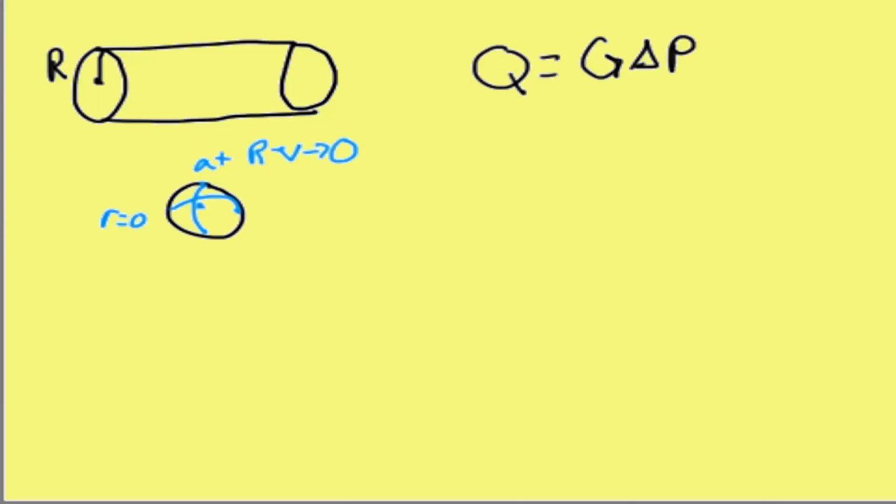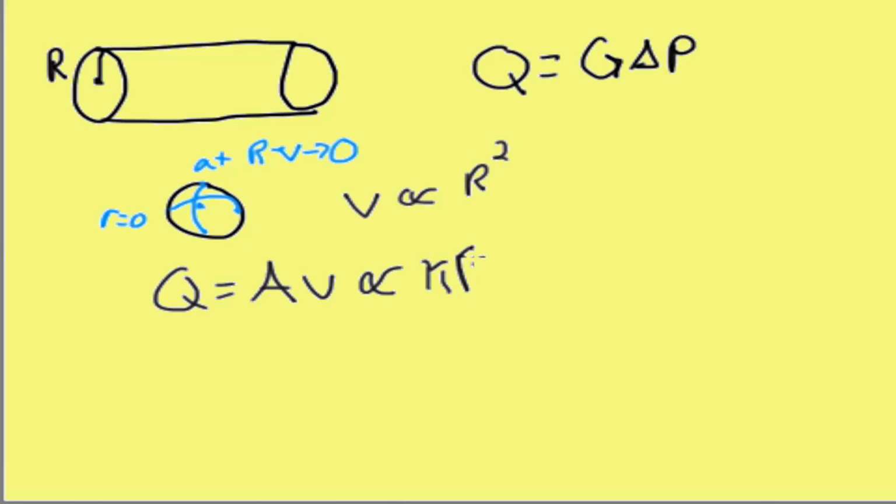So what we can say is that the velocity profile is going to be proportional to the radius of the pipe squared. And if we look at the volume flow rate of the pipe, it's going to be the area of the pipe times the velocity that it's moving in there. So this is going to be roughly the area, which is pi big R squared.